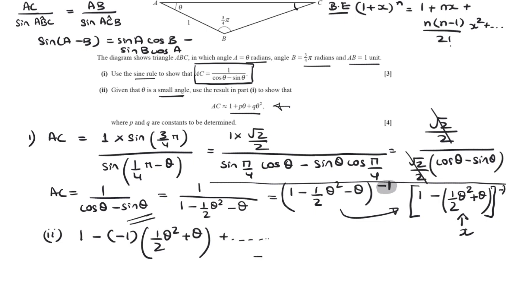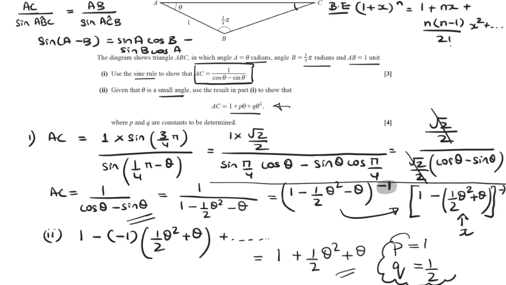When I tidy this up, I will have 1 plus theta plus half theta squared. So there I have it in the form they were asking for. Comparing coefficients, the coefficient of theta is p, and here it's 1, so p is 1, and q is equal to a half. So that's basically it: you've got your p and q by using binomial expansion.